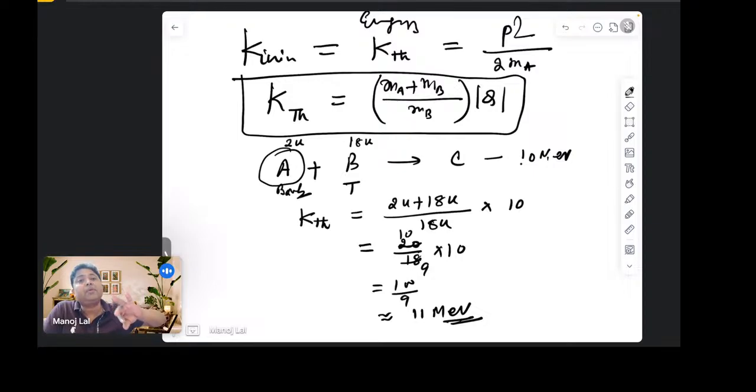Further, it will give three fast neutrons, and they again strike uranium-235, and the chain starts like that, and we have to control it. Otherwise, it will be an atomic bomb. If it is uncontrolled, it is a bomb; if it is controlled, then it is used for power plants for energy production.